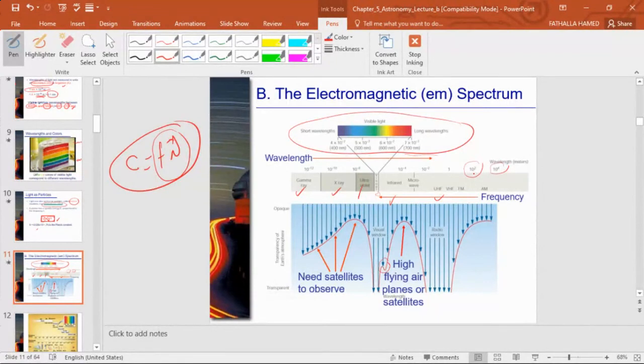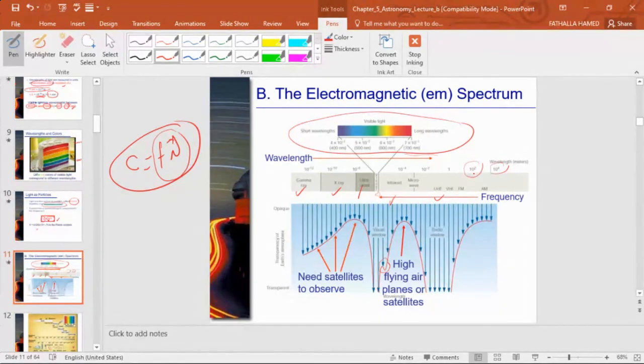So when we want to study the radiation that comes from the sun, for example, and we want to do it here on the surface of the Earth, then there are two forms of radiation that we can use in observational astronomy here. It's either visible light or radio waves. Other forms of radiation we produce and can study here on the surface of the Earth, but the ones that come from the sun, we have to go above the atmosphere of the Earth to study.